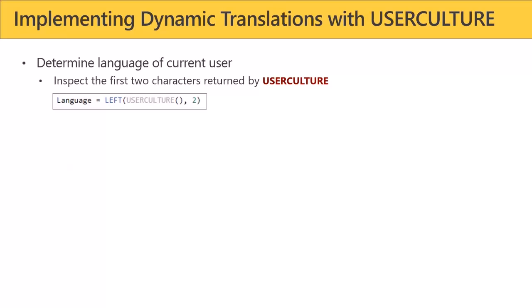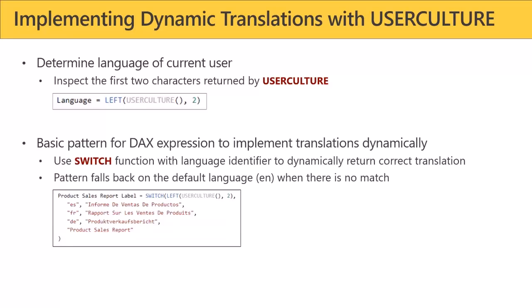We start by calling USERCULTURE and taking the left two lowercase characters, that's the language, and then we write this very simple DAX pattern where we take that language identifier and have a switch statement. If you look at the switch statement, we have callouts for ES Spanish, FR French, and DE German. Note that we don't call out the default language of English. Instead, it's the fallback. So if the user has a language of English or anything that's not one of those other three, we load in the English, so we have a fallback pattern.